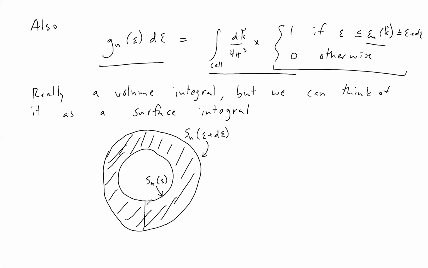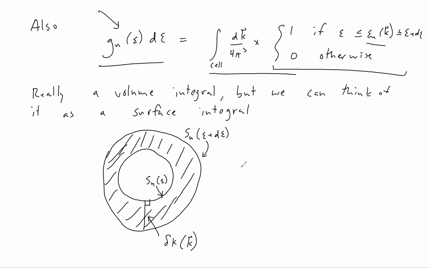between these two surfaces. So let me define the perpendicular distance between these surfaces as delta k, which is a function of the wave vector k. So again, this surface lives in k space. Both of these surfaces live in k space. The integral we're going to carry out to extract the density of states is a k space integral.